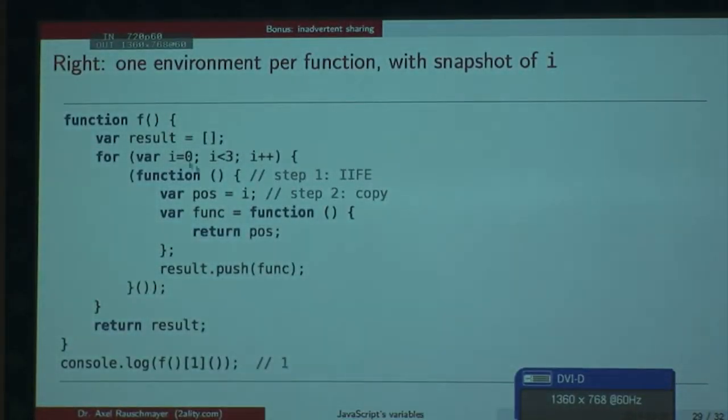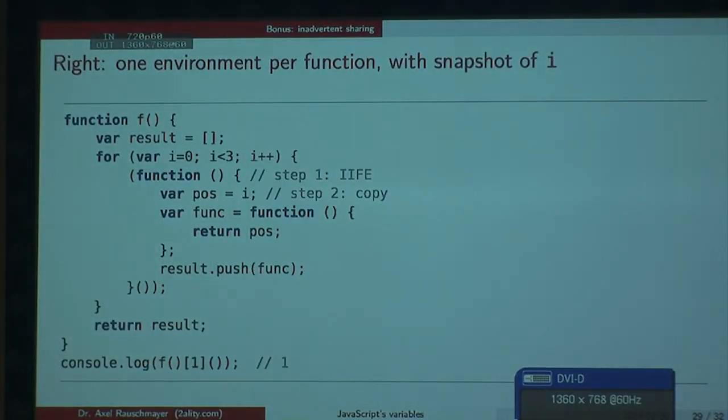What you do here, you wrap a function around it to create a new environment for each function. So each function gets a fresh environment, and in that environment, you put the current value of i.